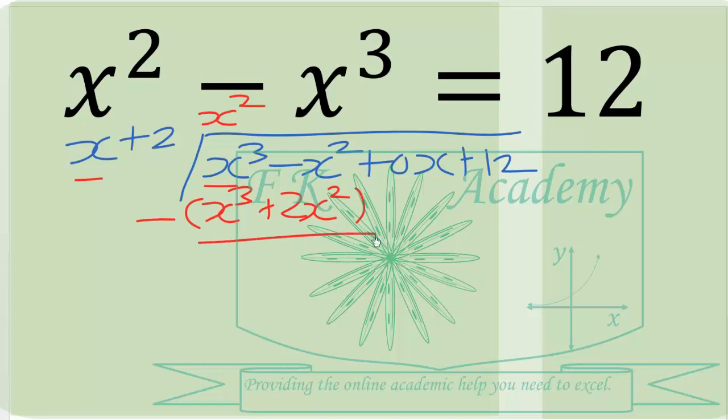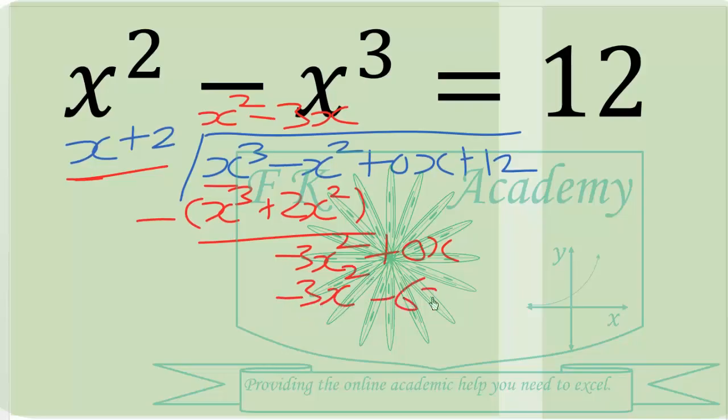We subtract to obtain negative x squared minus 2x squared, which is negative 3x squared, plus 0x. Then we divide negative 3x squared by x to get negative 3x. Then again, we multiply by negative 3x to get negative 3x squared minus 6x. Then we subtract again to get 6x.